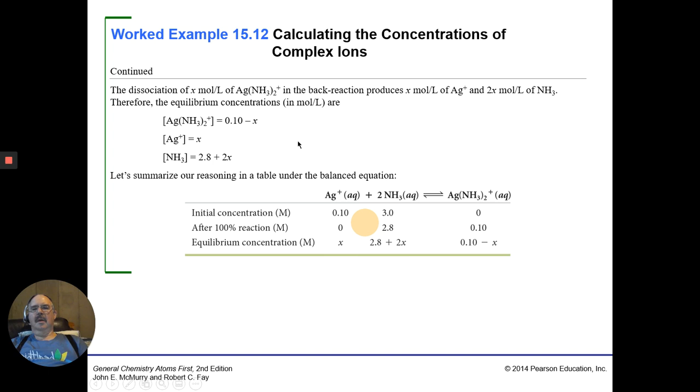Then doing the back dissociation, this would decrease by X, silver would increase by X, and this would increase by 2X.